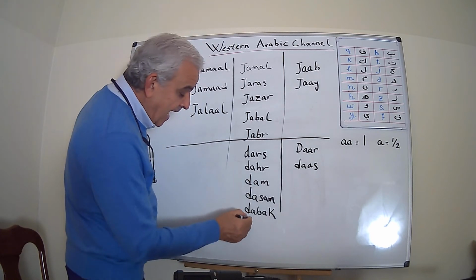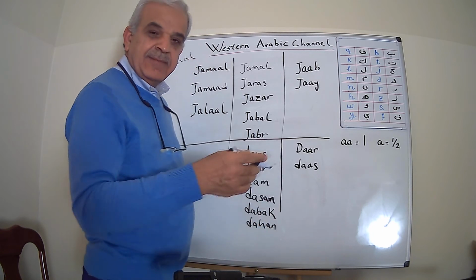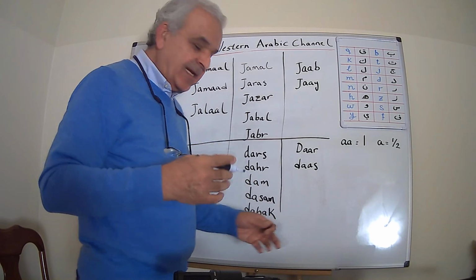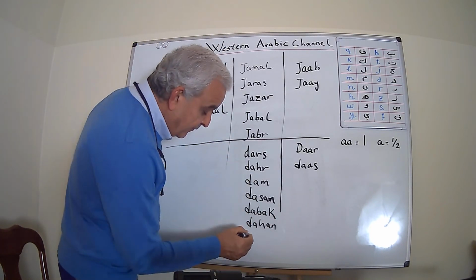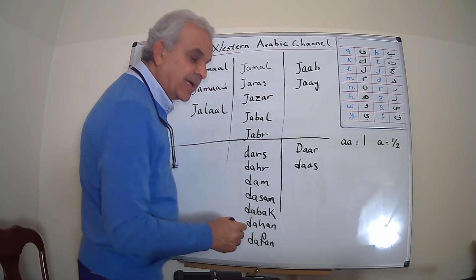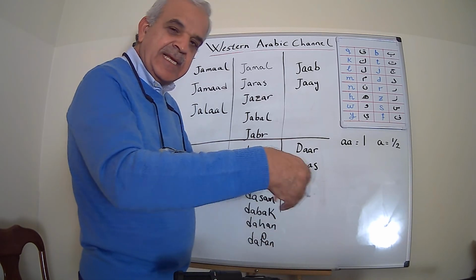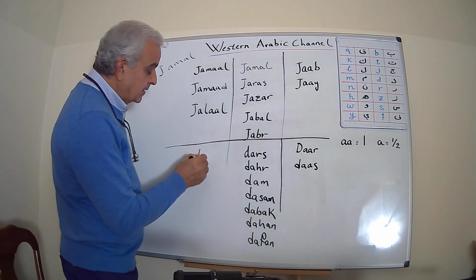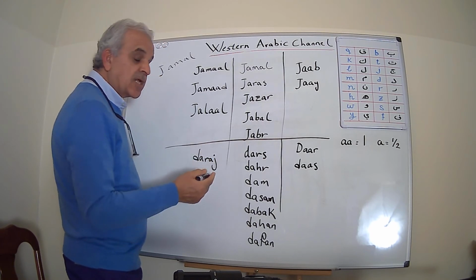Then we have Dahan, which means paint. The person who paints houses, they call him dahhan. The verb is dahan. And we have Dafan, which means bury. When you bury something, you say dafan. We have also Daraj, which means stairs.